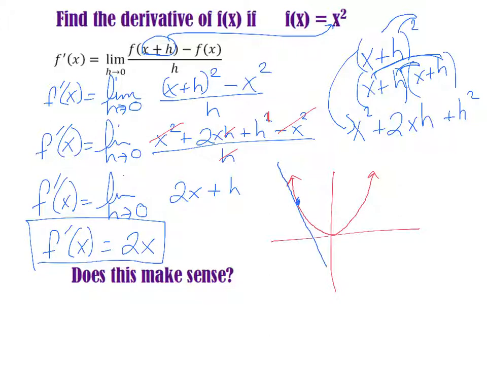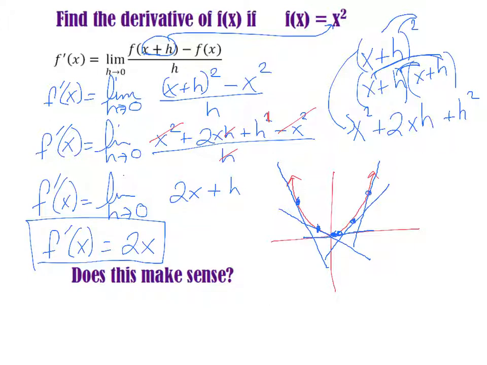So the slope of that line is going to be different than the slope of this line, which is going to be different than the slope of this one. On a parabola, it's okay to find the derivative. That slope of the tangent line would be that horizontal line, because that's a curve, it's not a point. If it was pointy, we'd say no limit on that piece, but notice it's different every place.